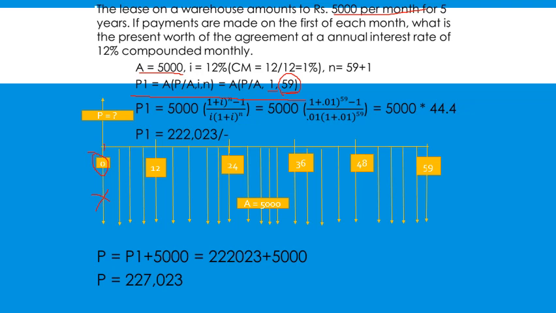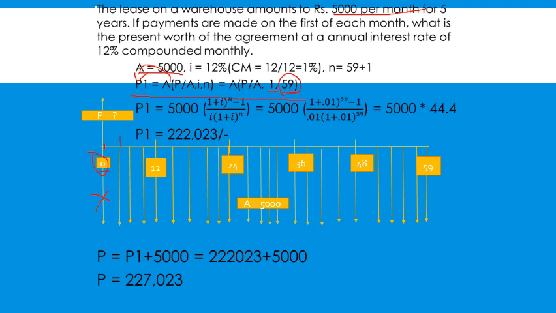Let me repeat. Whenever I convert A into P, the first A will always start from one period from now. What is now? Now is the 0th year. So one period from now means, in this case, the first month, since it is monthly compounding. So the cash flows that start from the first month onwards must be considered.